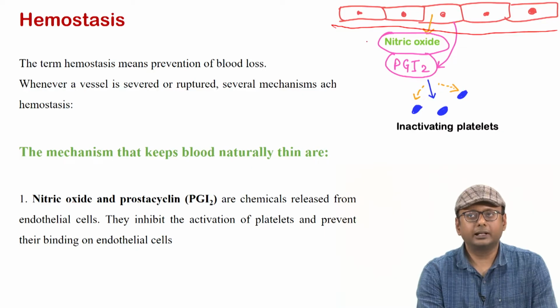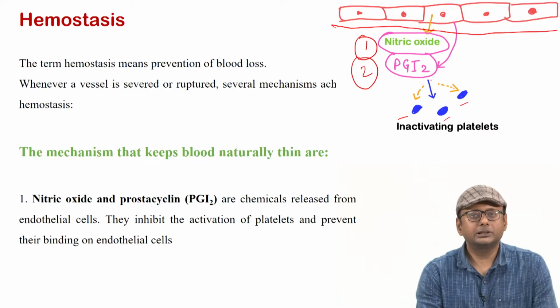One of them is nitric oxide, and another molecule is prostacyclin, PGI2. These molecules inactivate the platelets, which you can see here. So if nitric oxide and PGI2 get secreted from the endothelial cells, they inactivate the platelets, and by keeping them inactivated, they prevent blood clotting.